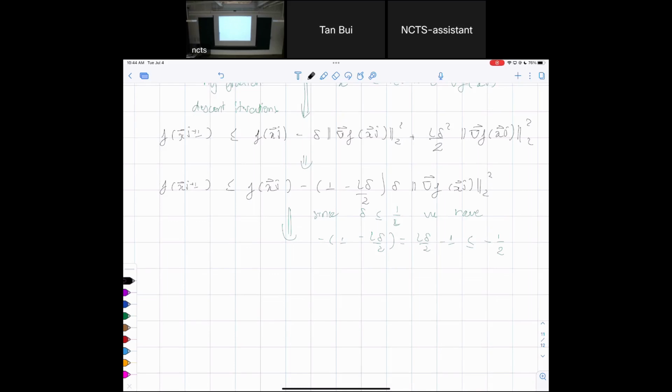So if I do so, then that's less than negative 1 half, which is good. You see that, right? This is less than negative 1 half.